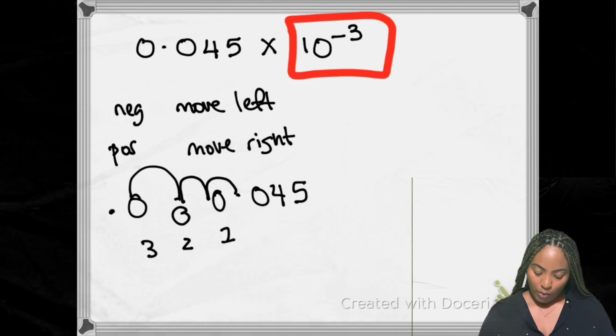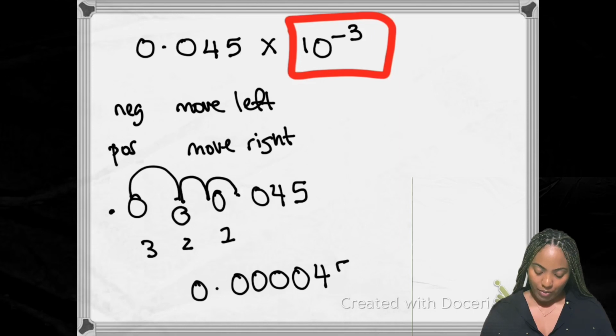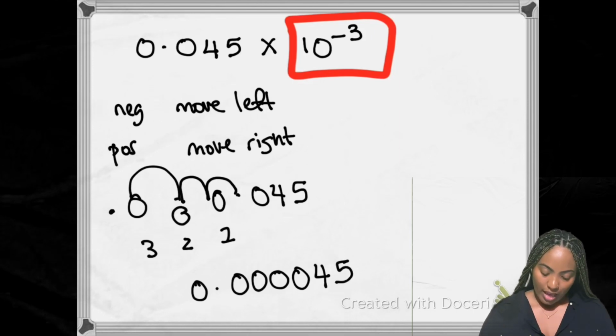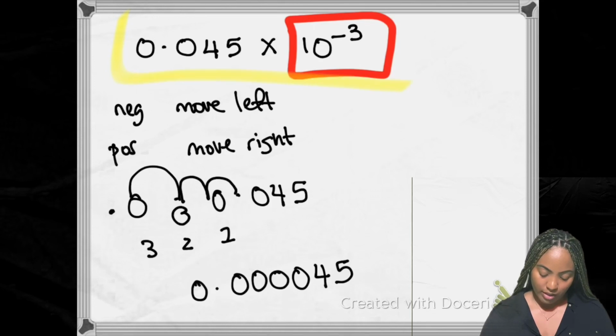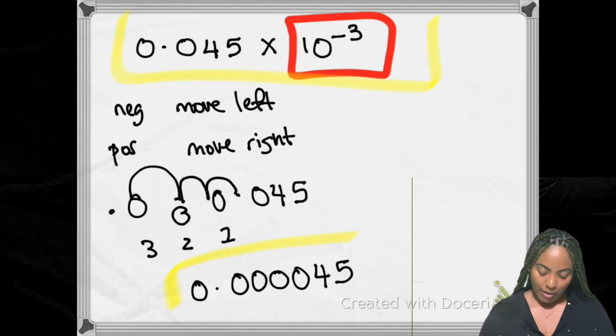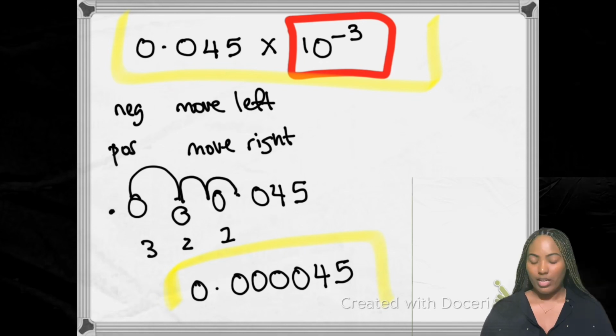So the number we are really looking at is 0.000045. And by that, I mean this digit here, let's put that in yellow. This digit here in the yellow is the same as the digit here in the yellow at the bottom.